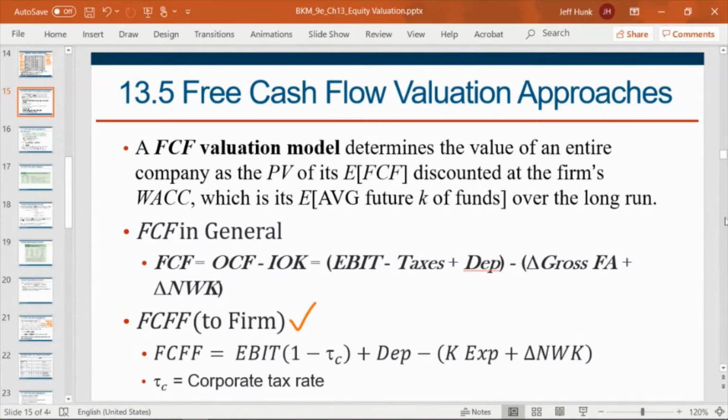Or even if that read aloud feature can expand the acronyms, it will read free cash flow equals operating cash flow minus investment in operating capital.